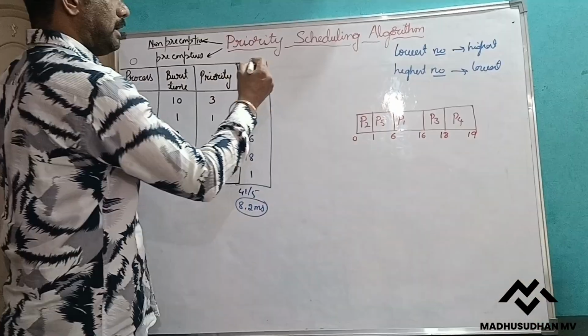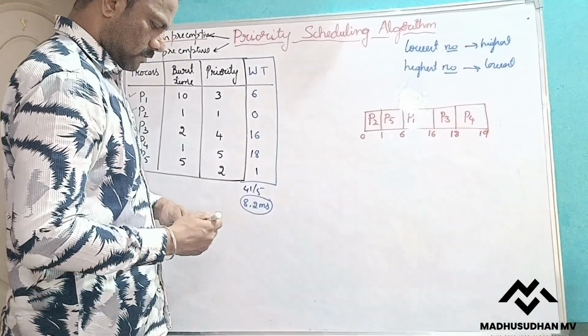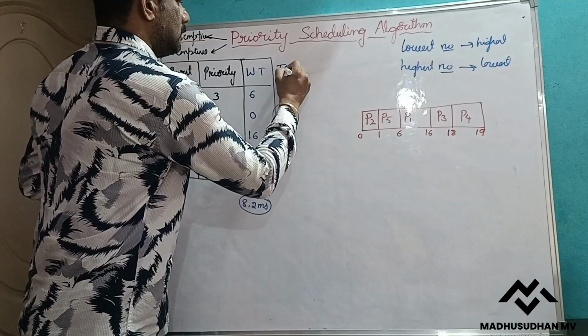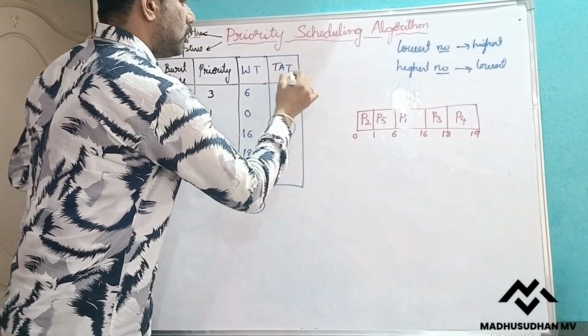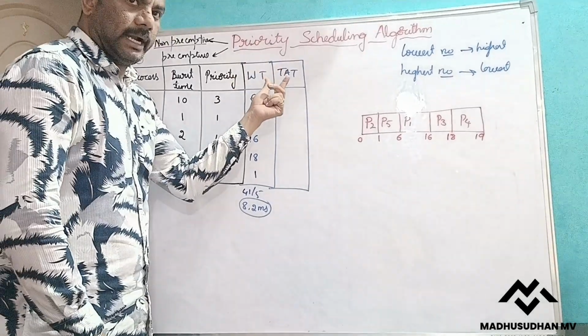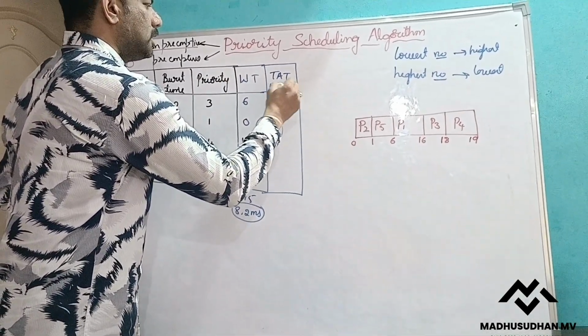Okay. So now let us find out the turnaround time. Turnaround time formula is waiting time plus execution time.